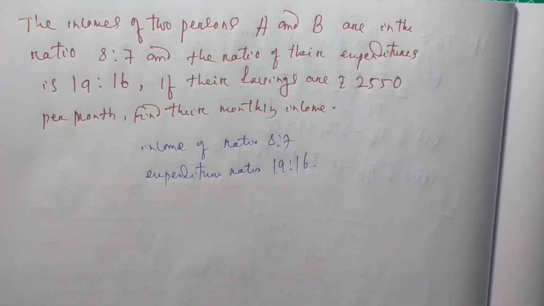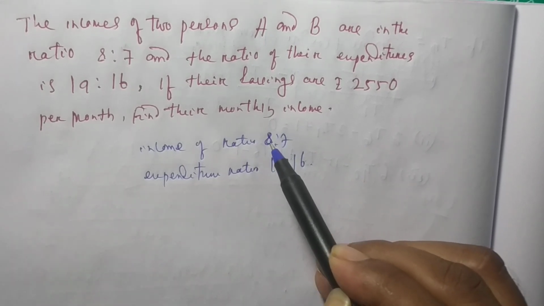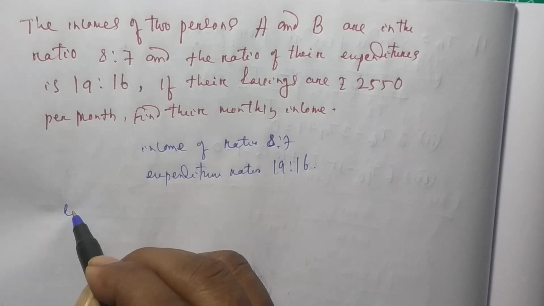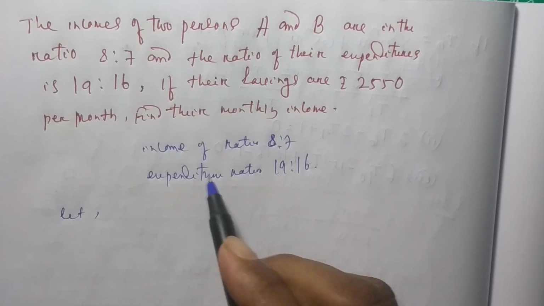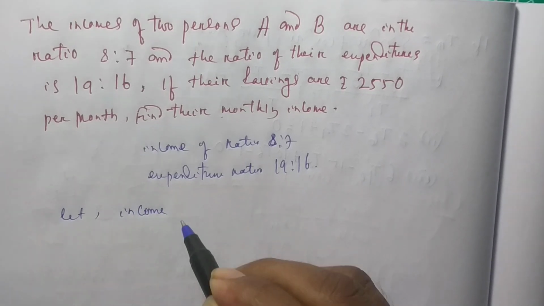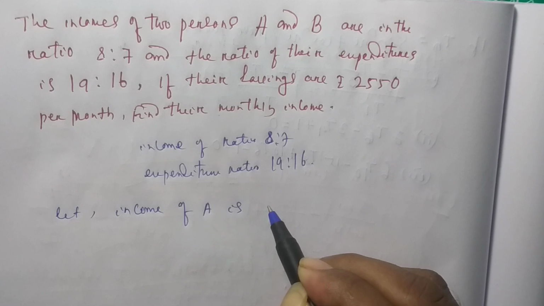Okay, see properly, so that we can take the income of A. We can take A as 8x.